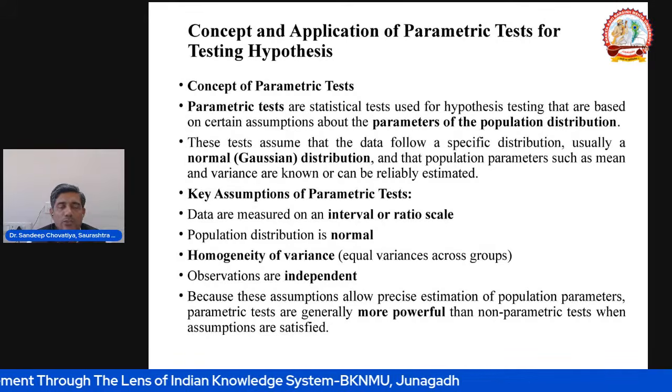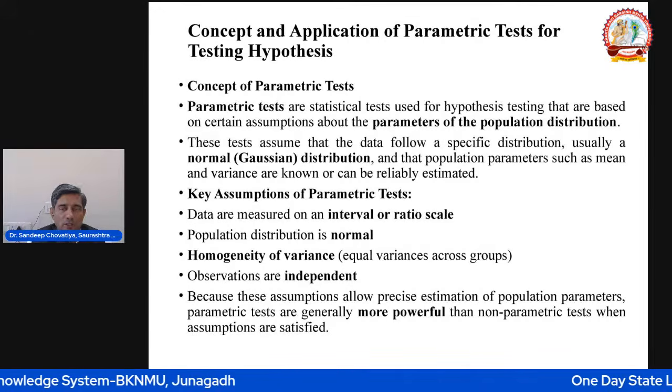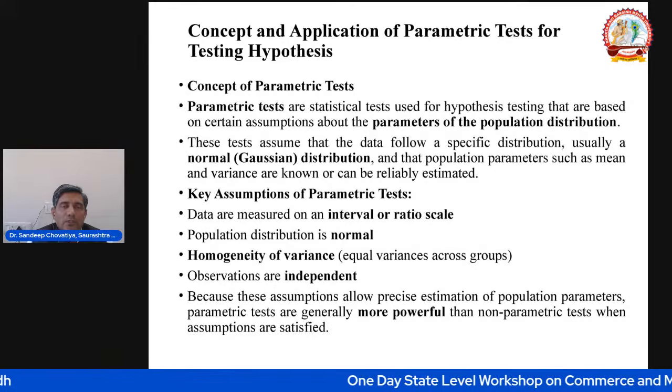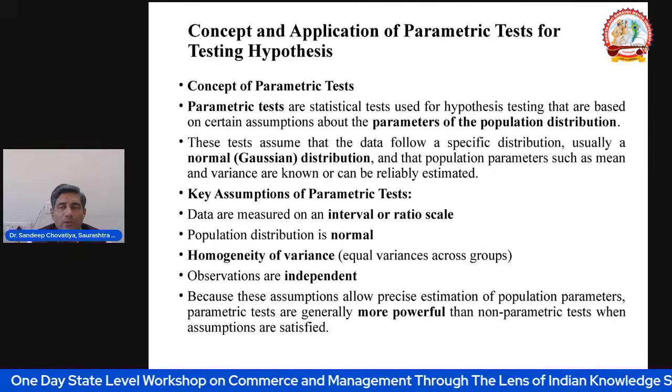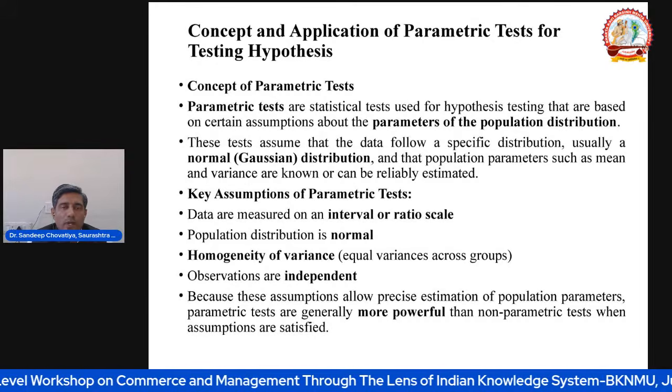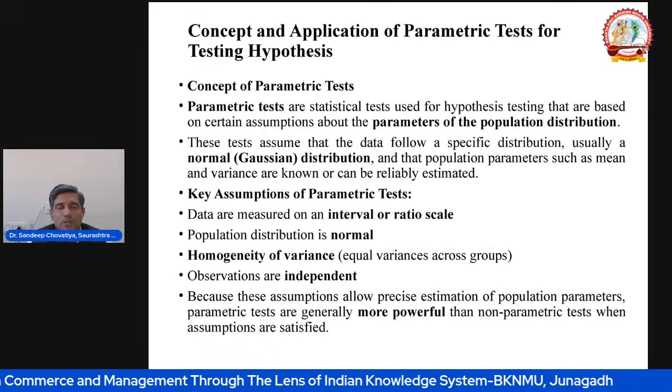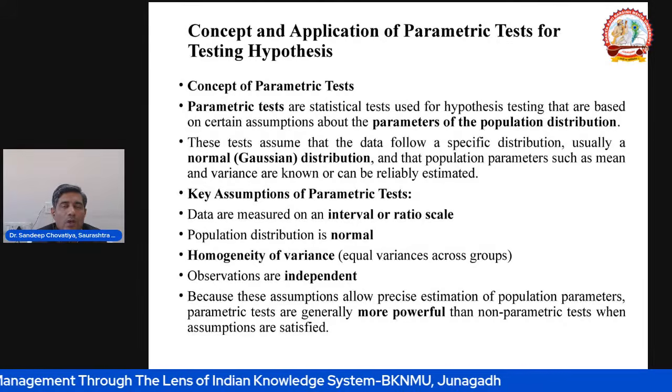Students, you see that whatever data we have is with the normal distribution. So the key assumptions of the parametric test are: data measured on an interval or ratio scale, and the population distribution is normal.